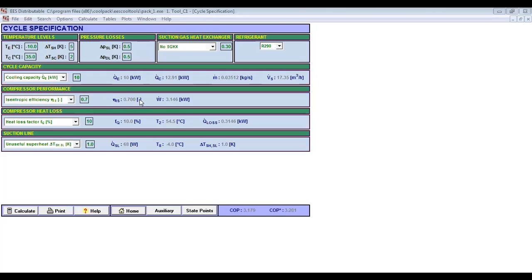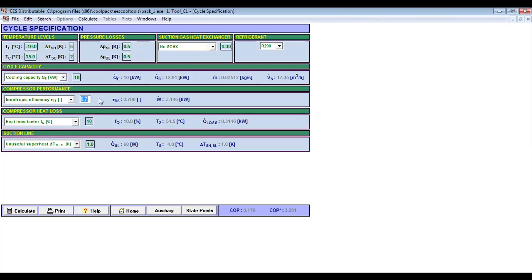Even you can change this, then your cycle will be changed. So later we'll see how we can use this CoolPack software. This is a free and very good software. You can see the practical aspects of this. So we are learning really practical things. This isentropic efficiency is very important when you do the relative evaluations.